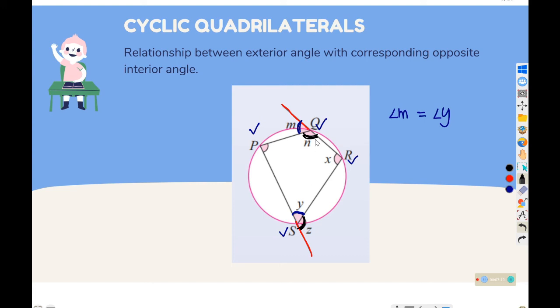So angle Z is equal to angle N. Let's say M here is 65 degrees, so we know that Y is also 65 degrees. That is the relationship between the exterior angle and the corresponding opposite interior angle.